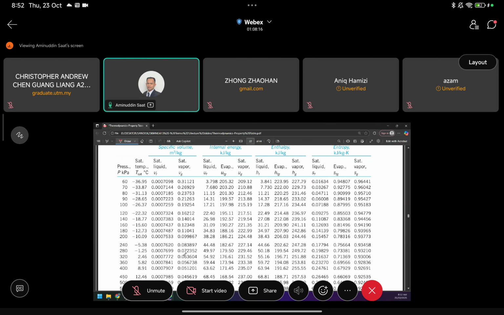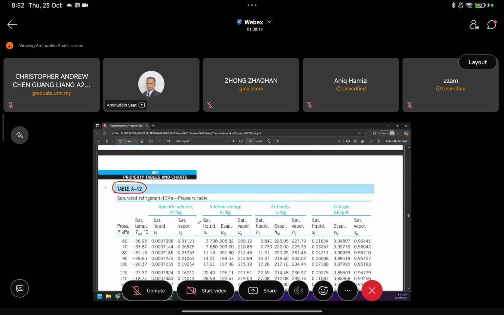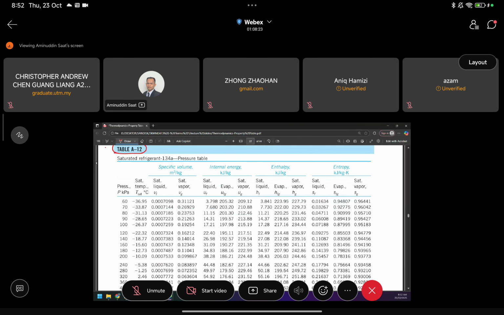Is it? This is for refrigerant. Yeah. Make sure you check the right table. So this is for refrigerant. So you need the 300 kilopascal. 300 kilopascal is in this range, in between.